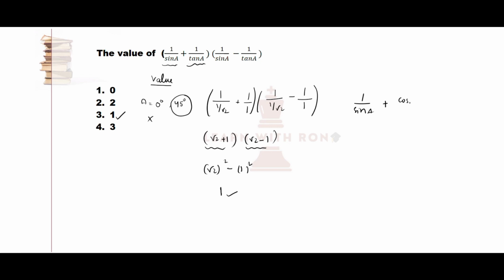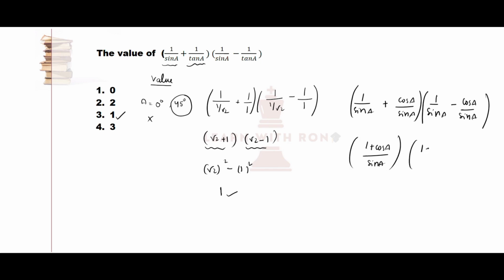So cot A is nothing but cos A by sin A. Taking the LCM sin A, we got (1 plus cos A) by sin A multiplied with (1 minus cos A) by sin A. See here, (A plus B) multiplied with (A minus B) is A square minus B square: 1 minus cos square A by sin A multiplied with sin A, sin square A. 1 minus cos square A is sin square A. In the denominator we have sin square A. Both get cancelled. Again we got the value of 1.